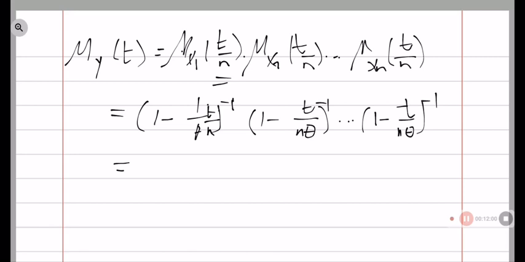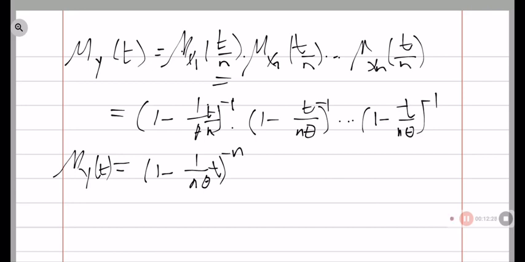Because they have the same base and they multiply each other, we just need to say 1 minus 1 over n theta times t, to the minus n, because we multiply them n times. So that will be M_y of t, the moment generating function of y, where the variable y equals x bar.